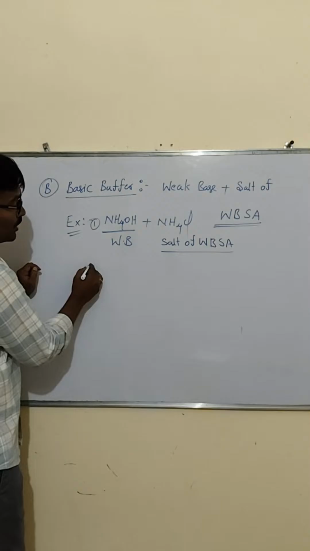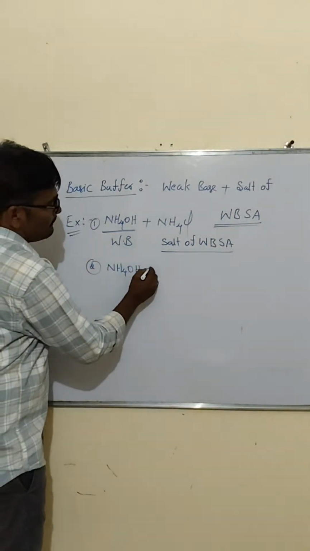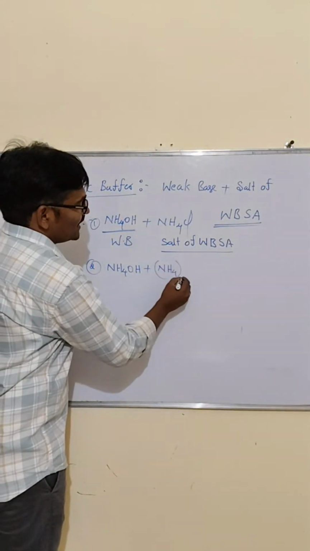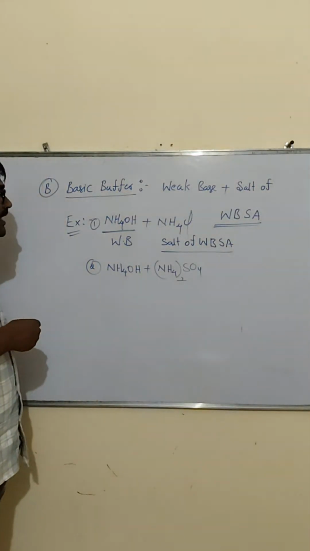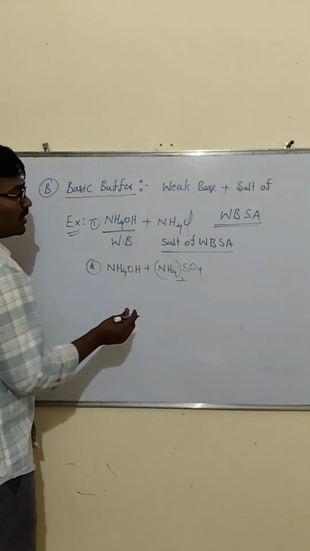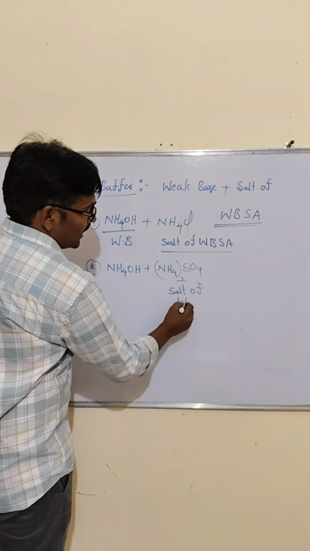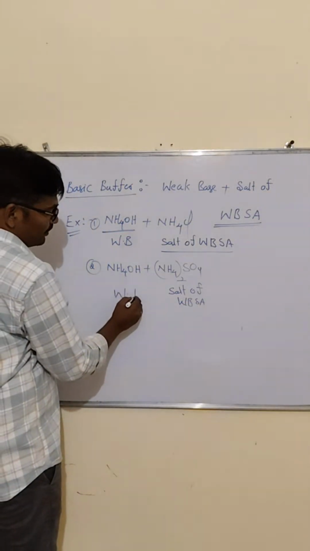Then example number 2, NH4OH plus (NH4)2SO4, these are salt of weak base and strong acid. This is weak base.